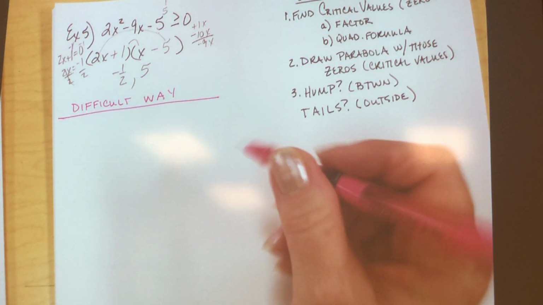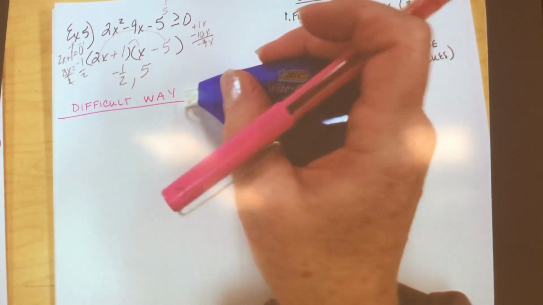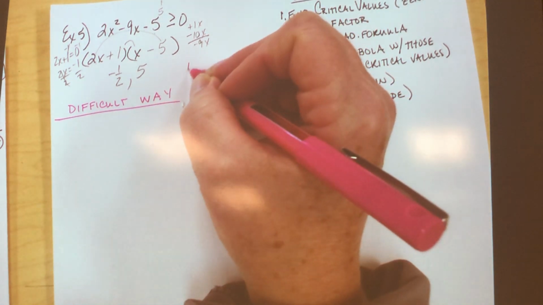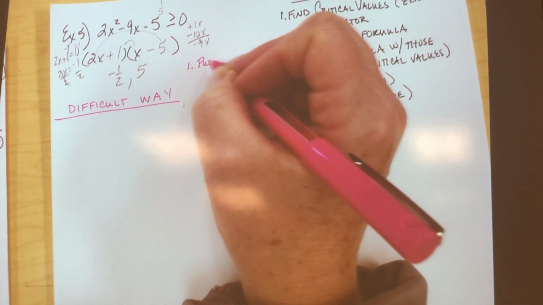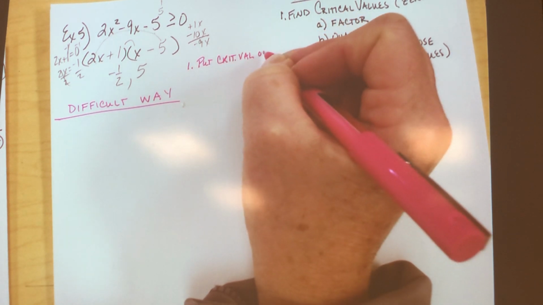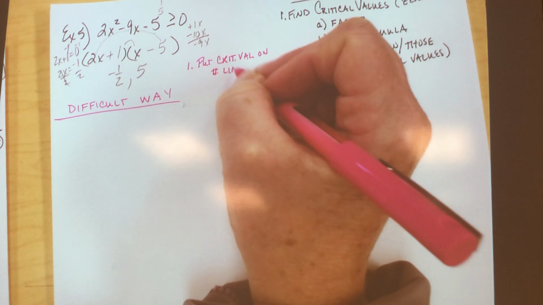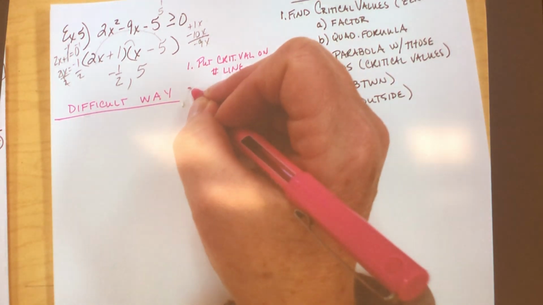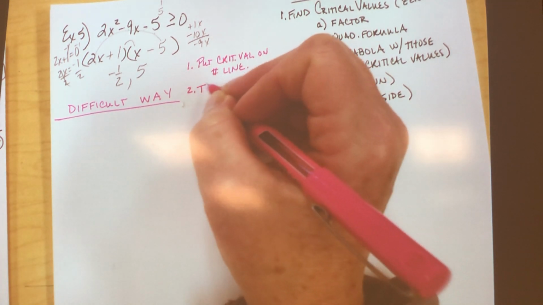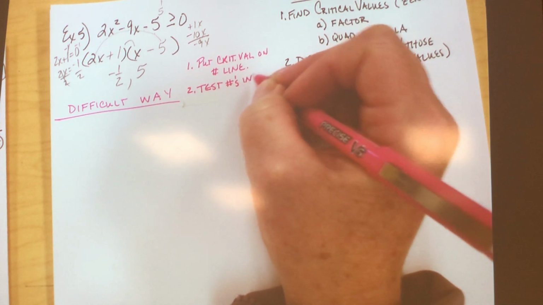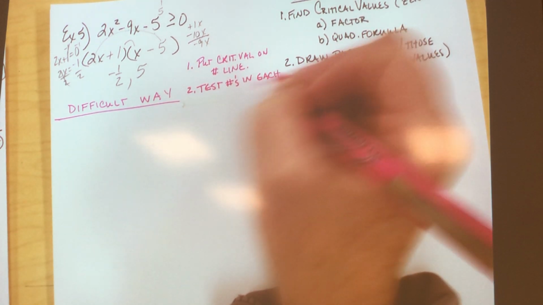Okay, the difficult way. Now, on the difficult way, I'm going to write your directions down. The first thing you're going to do is put the critical values on a number line. Y'all can do that, can't you? The second thing you're going to do is test numbers in each section.